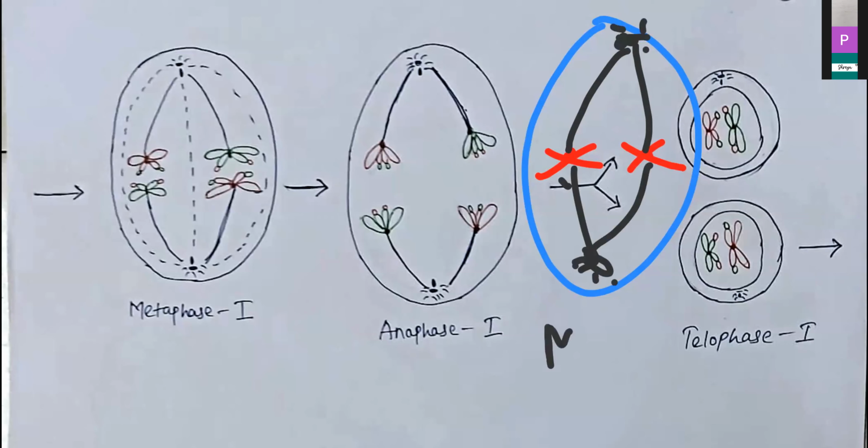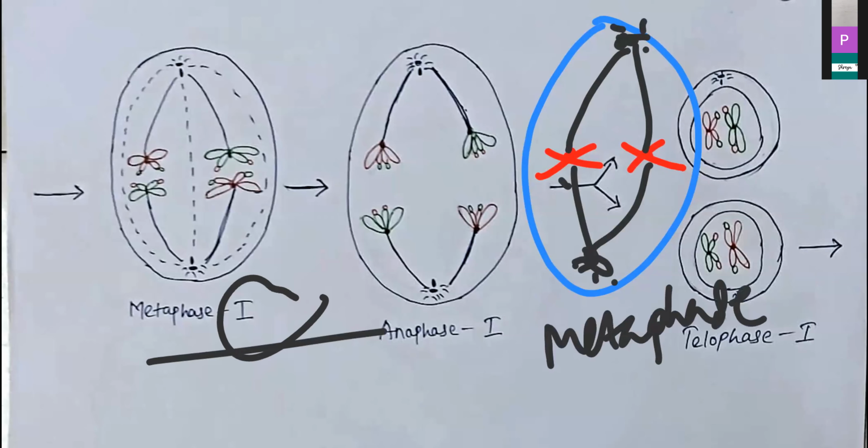This would have been the normal metaphase in mitosis. This is metaphase 1. So in meiosis, it is a speciality that in metaphase 1, the bivalent, paired chromosomes get arranged and aligned on the equatorial plane.